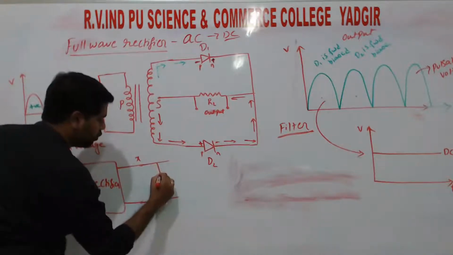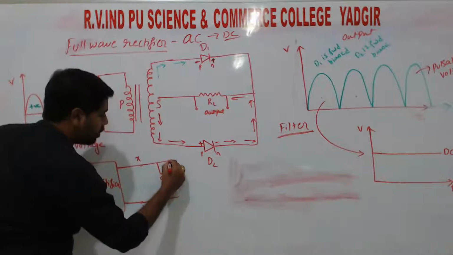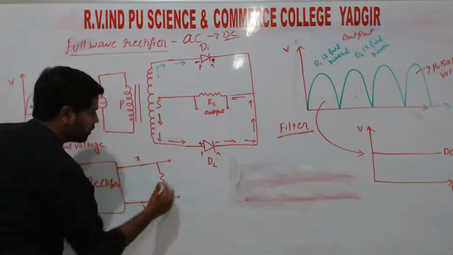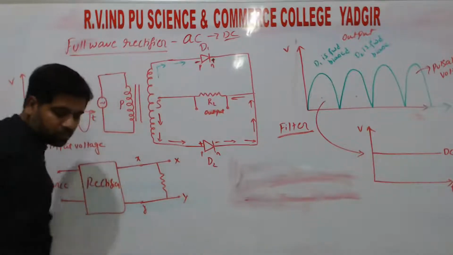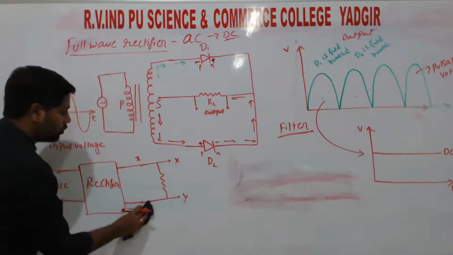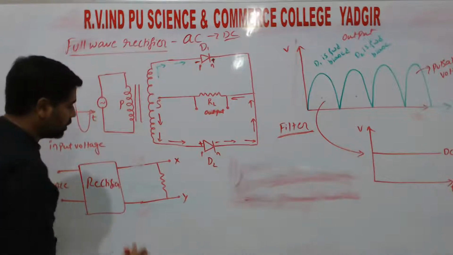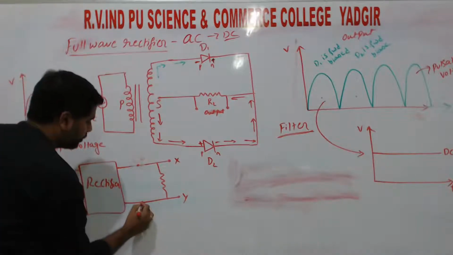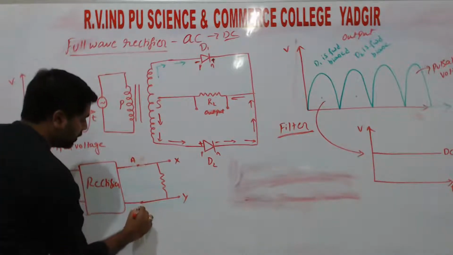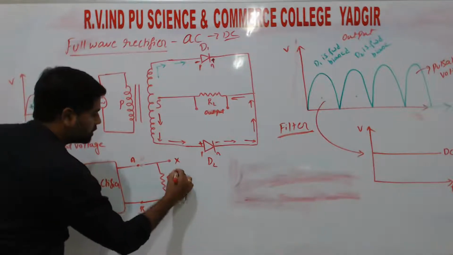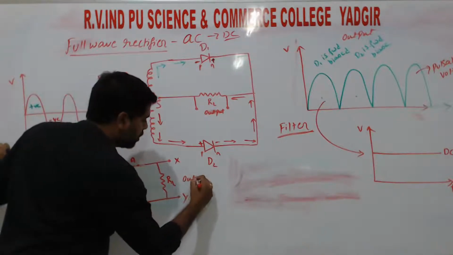Across this load resistance we are getting the output, AB. So this is the load resistance, and from here we are getting the output.